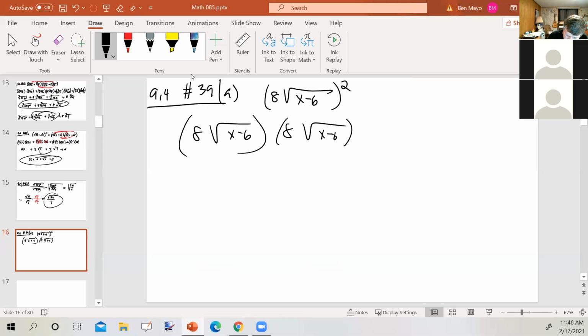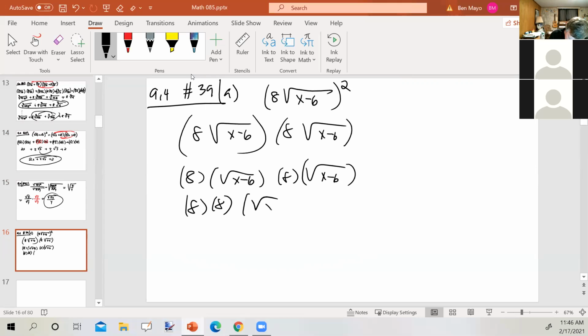Well, I could write this like this. This is 8 times the square root of x minus 6 times 8 times the square root of x minus 6, right? But I could commute things and write it as 8 times 8, and the square root of x minus 6 times the square root of x minus 6.